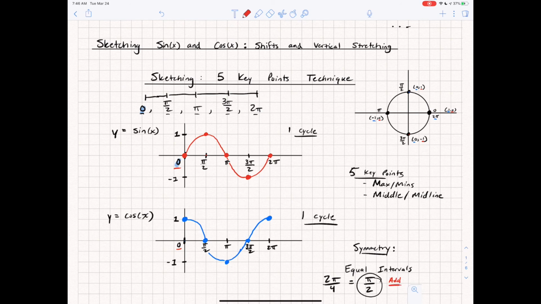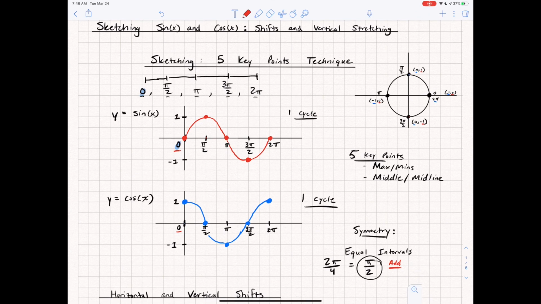Each step would be pi over 2. And in terms of this formula, I notice that 2 pi is 1 cycle, which we've talked about means period. And then I'm always taking the period and breaking it up by 4. Thus, I need 5 key points to create 4 different intervals, 4 different sections. But it all starts with knowing that 1 cycle for cosine is 2 pi, and 1 cycle for sine is 2 pi, and breaking that up 4 different ways.